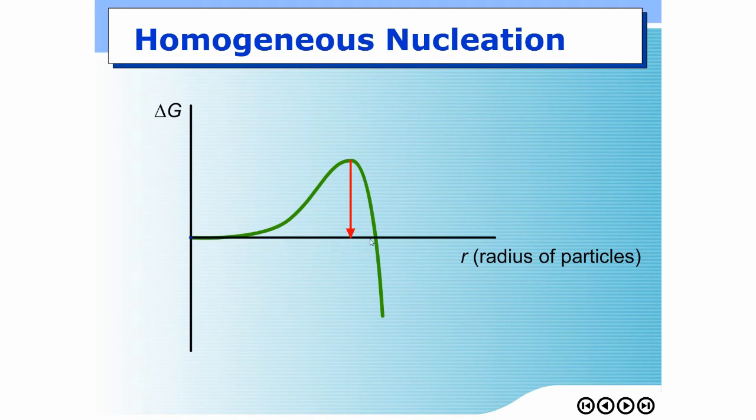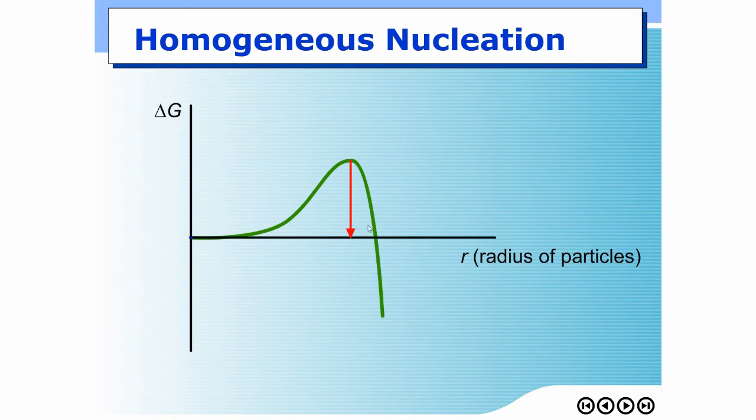Not until you get to this point, that cluster is not stable. They dissociate back to growth species. Unless growth species come together to get a bigger cluster than this point, then nucleation takes place.